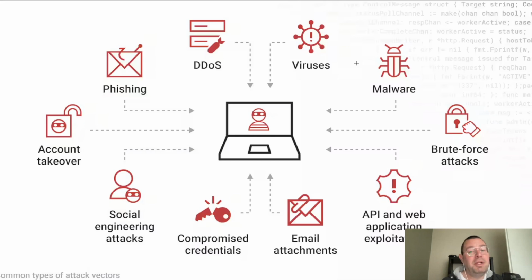Okay, then we have the compromised credentials. This could simply mean that a brute force attack was successful and they have your login. They're basically in there. They can use your account, and from your account they can hop to all the company resources. Maybe they can even give themselves elevated privileges, become an admin, and do even more damage. But compromised credentials is basically your account now being accessible to everyone who has an internet connection.